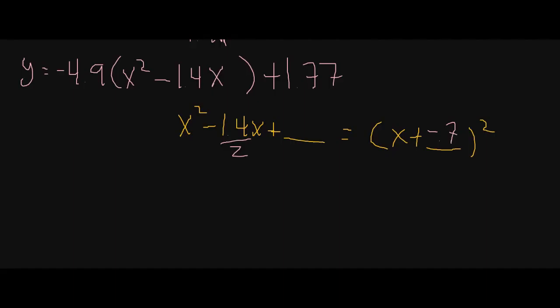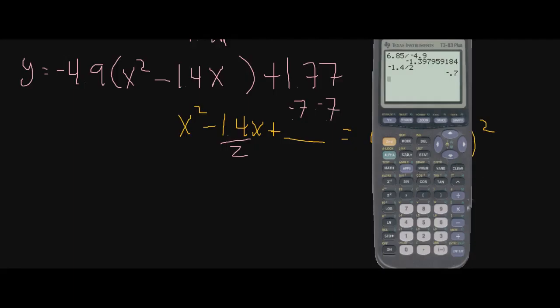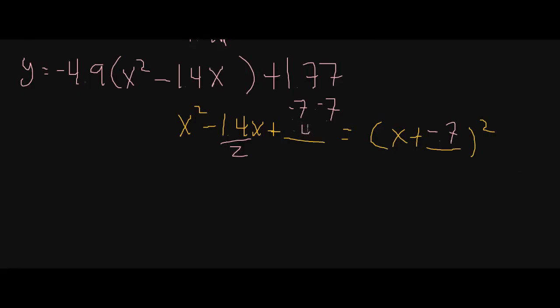And now we just multiply it by itself, negative 0.7 times negative 0.7. That's going to be a positive, because the negatives cancel out, 0.49. So that's going to be the number that we want to add inside here, right? And then, of course, we've got to subtract it like we did in the other video.